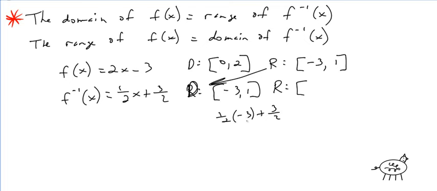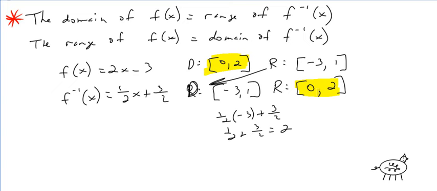So it's -3/2 plus 3/2, which is 0. Sweet. And then let's plug the 1 in there. 1/2 plus 3/2 is 4/2 or 2. Hey, look at that, man. Right there and there. Okay, so the domain is the range of the inverse, and the range is the domain of the inverse. So they just kind of swap. All right.